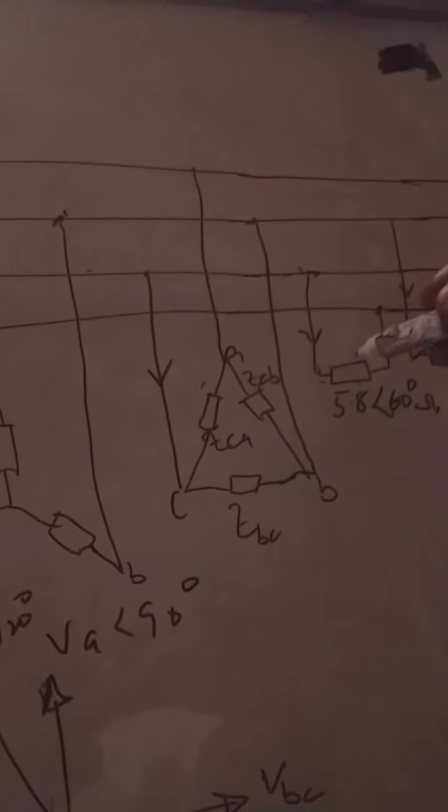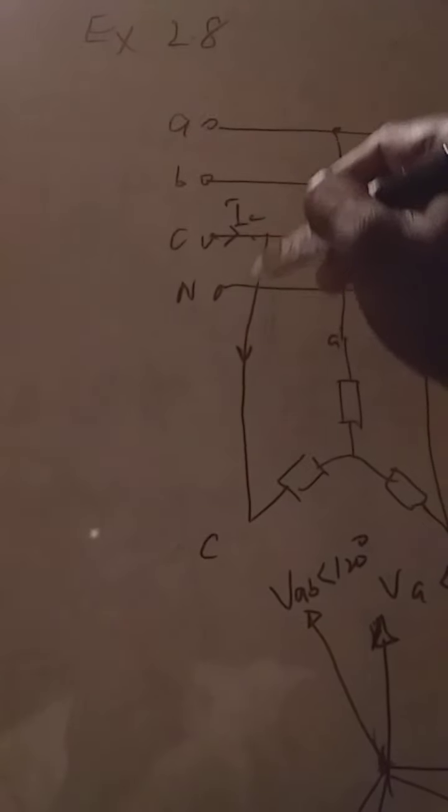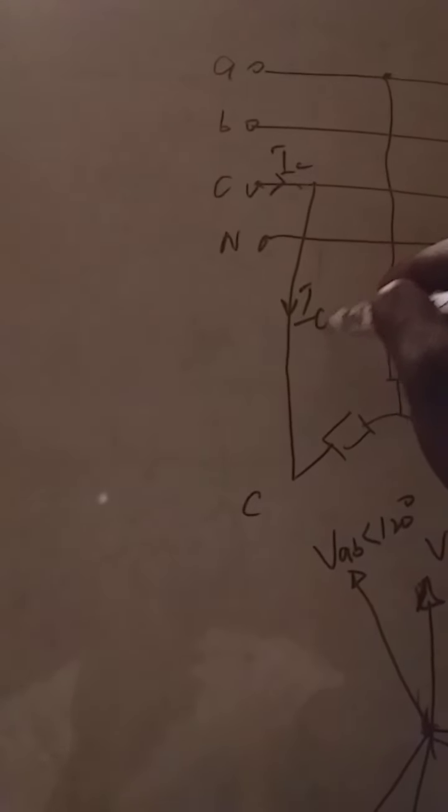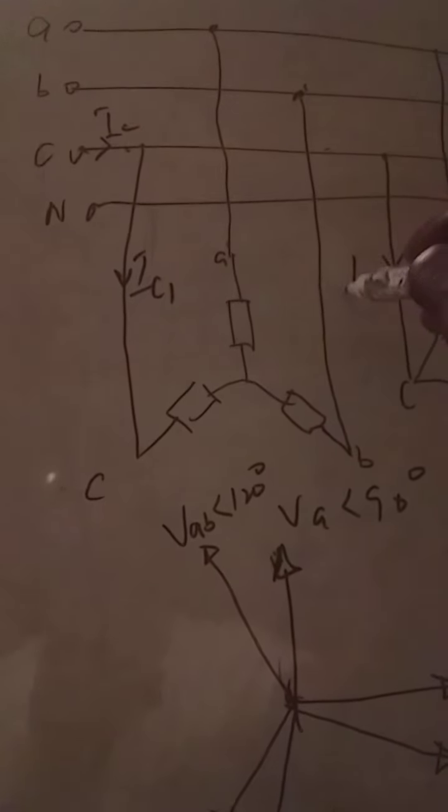And when you come here, you see the current is flowing back into line C. So you can call this one IC1, this IC2, this IC3, and this one IC4, because it's going to IC.